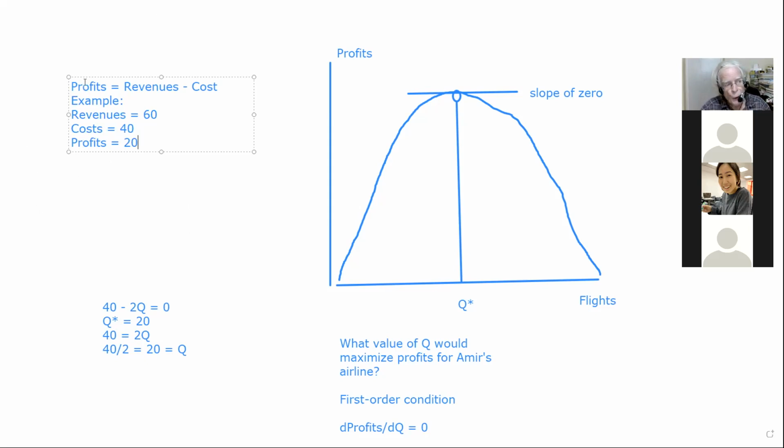So the question now is how to determine profits for various values of revenue and cost. And in general, how would we characterize the point of output that will maximize profits?